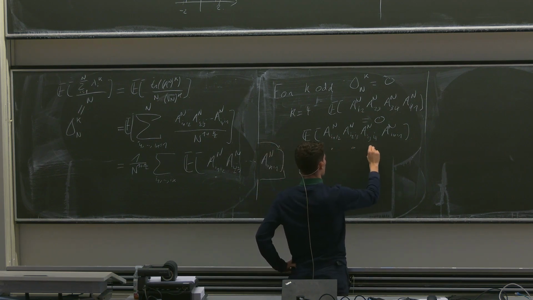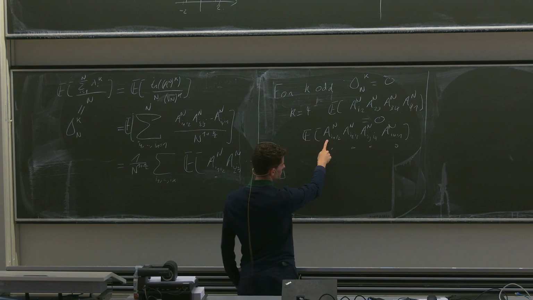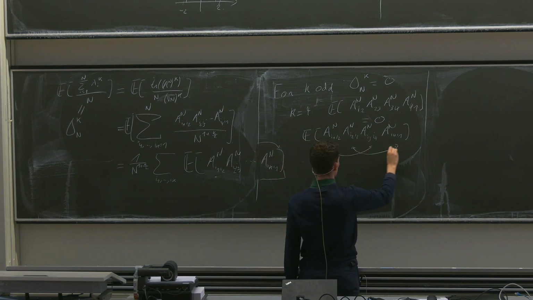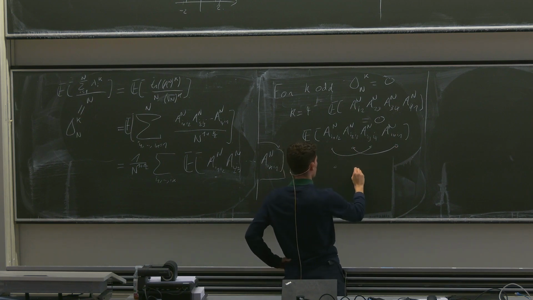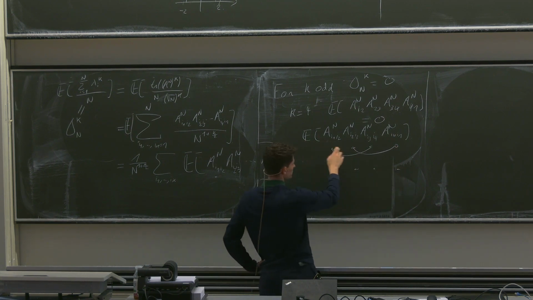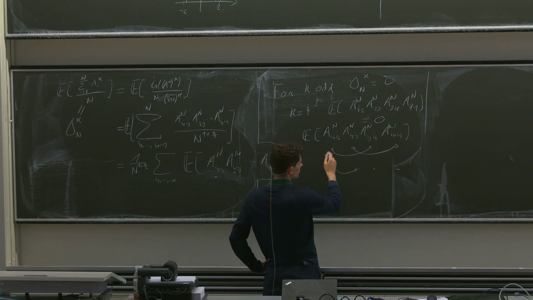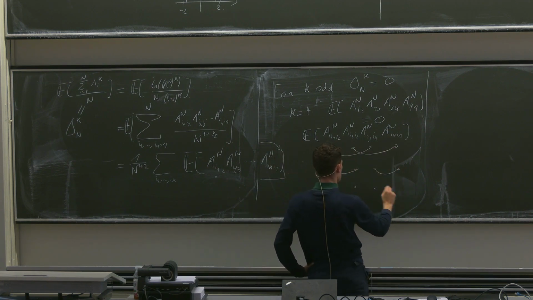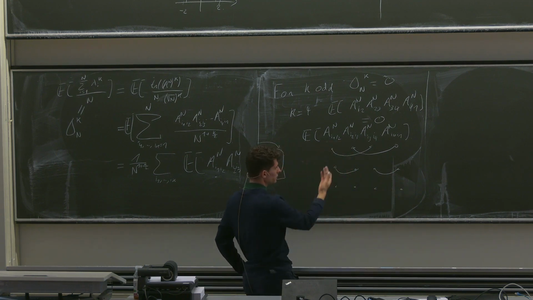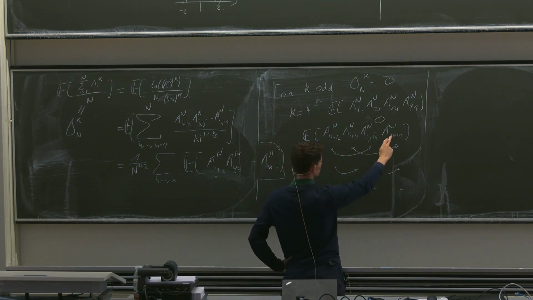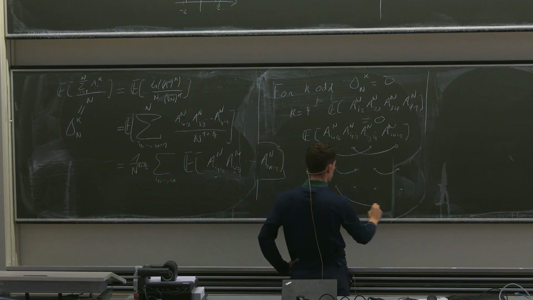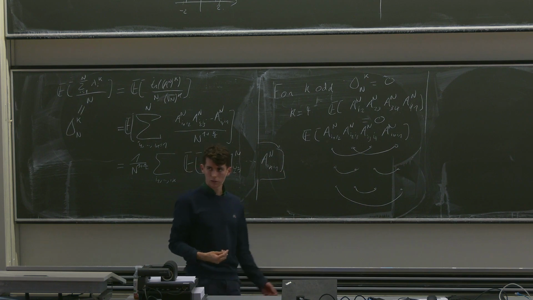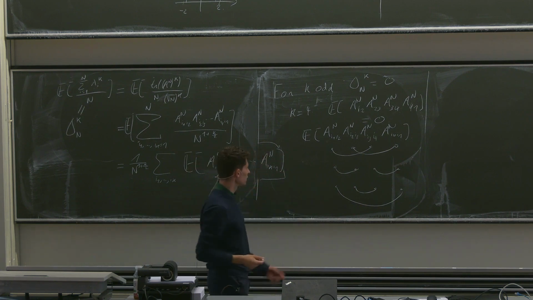So this one can be equal to this one, and then this one is equal to this one. Or this one is equal to this one, and then this one is equal to this one. And the only pairing that remains is this one equal to this one, and this one equal to this one. Okay.